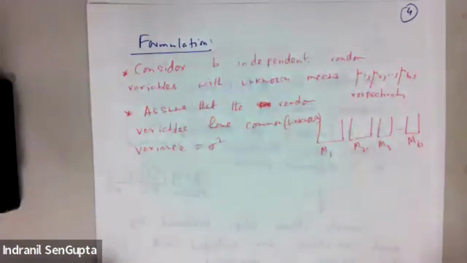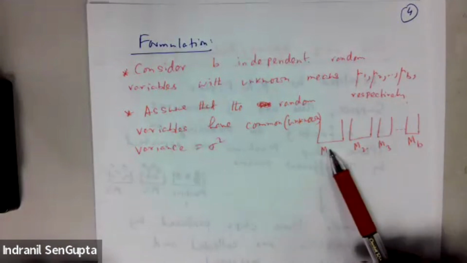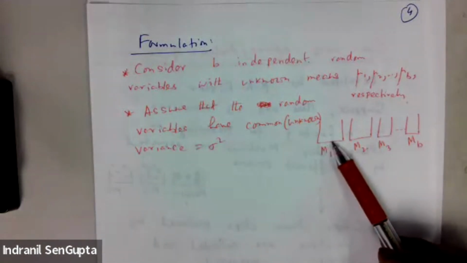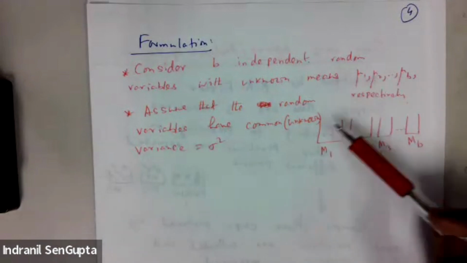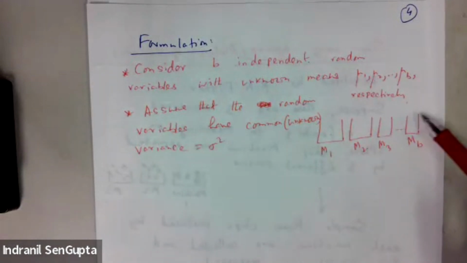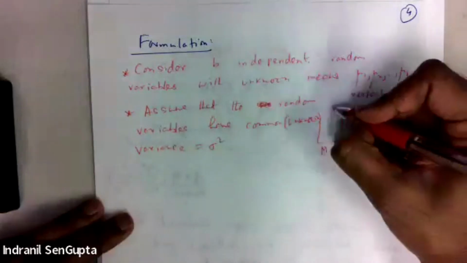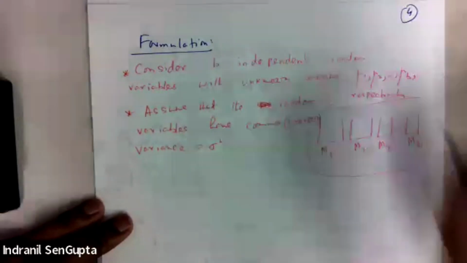So that means we are not assuming that each of these will have various kinds of variances. It can very well be the fact that it has mu1 sigma 1 squared, mu2 sigma 2 squared, and mu sub b sigma b squared, but we are assuming all the sigma squared are the same. So all the variances here are the same. So that's our assumption.